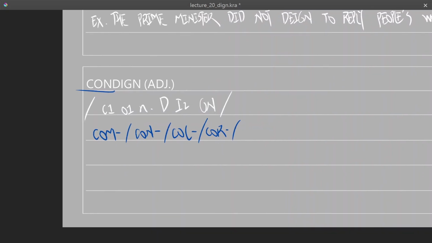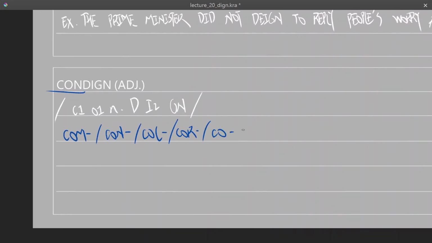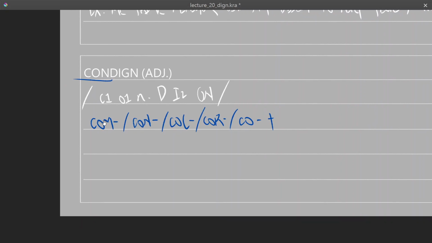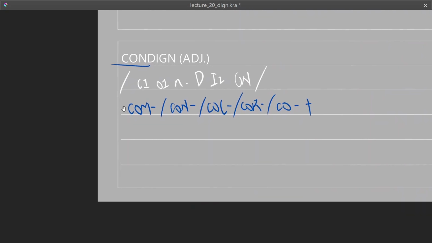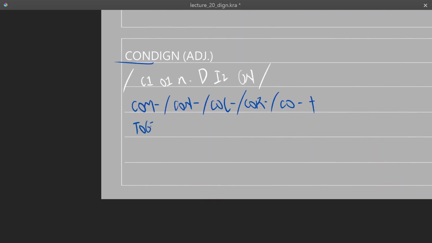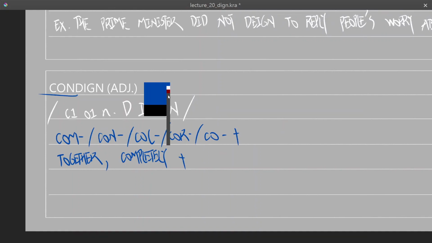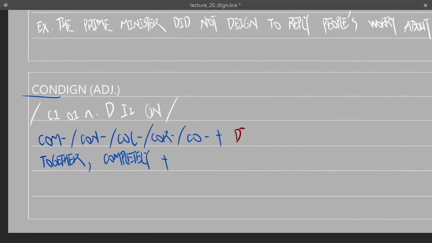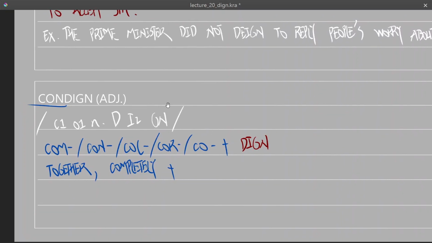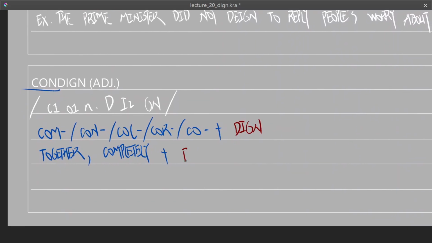We drop all the consonants and we have co, meaning together or completely as an intensifier. So together or completely. And we have the root dign, meaning fit for something. In this case, fit for something.